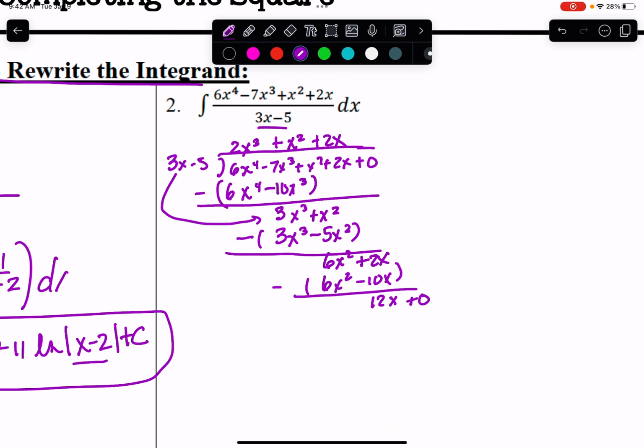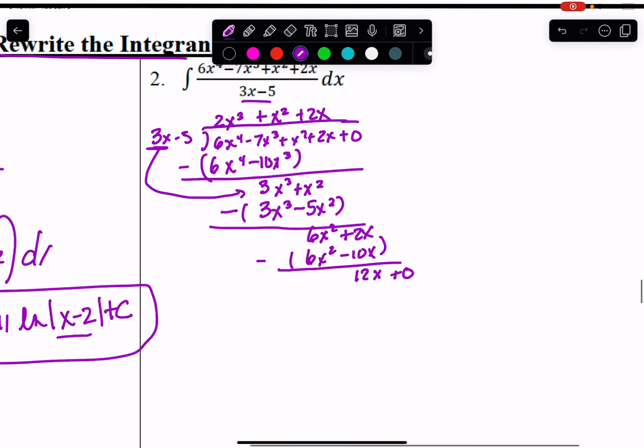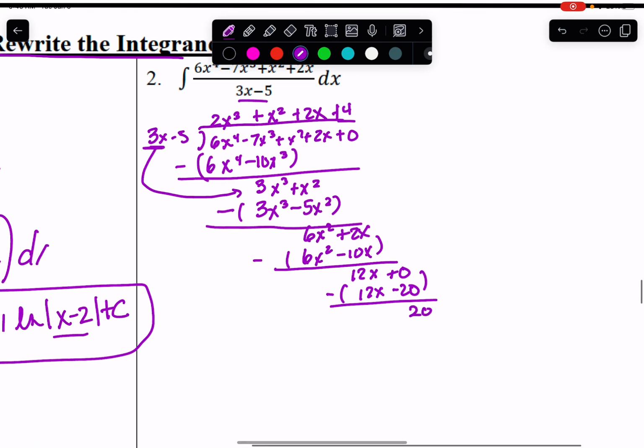So what I need for my very last term to get 12x is plus 4. Now when I do plus 4, I get 12x and then minus 20. And so if I have a 0 minus -20, I have a positive 20 remainder.